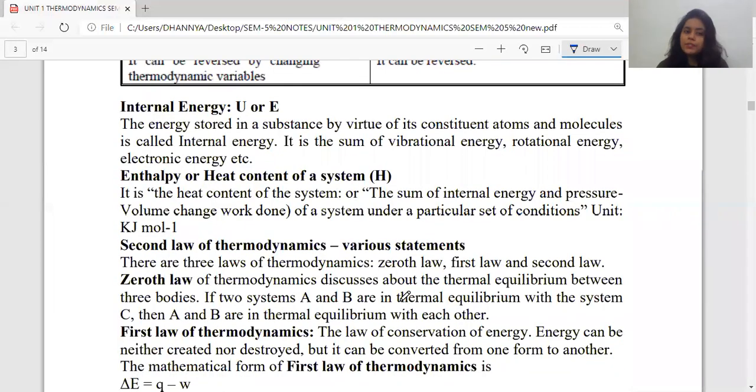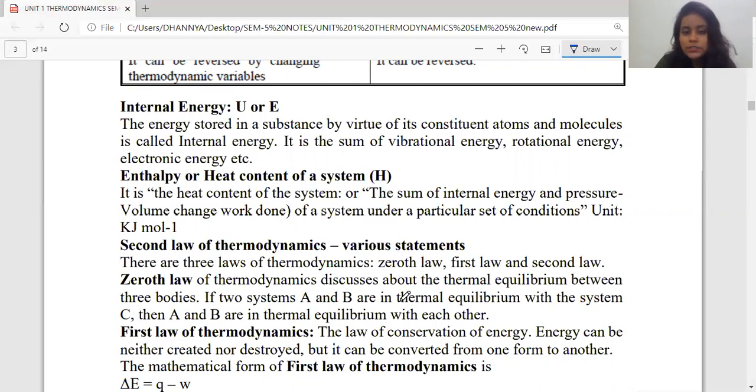Now some more parameters that you have studied before were called the internal energy, which is also denoted by U or E. Now what do we understand by the internal energy, U or E? The simplest way of understanding is, what is written in the name? Internal. So any energy which is stored inside the substance, by virtue of its constituent atoms and molecules, will be called internal energy.